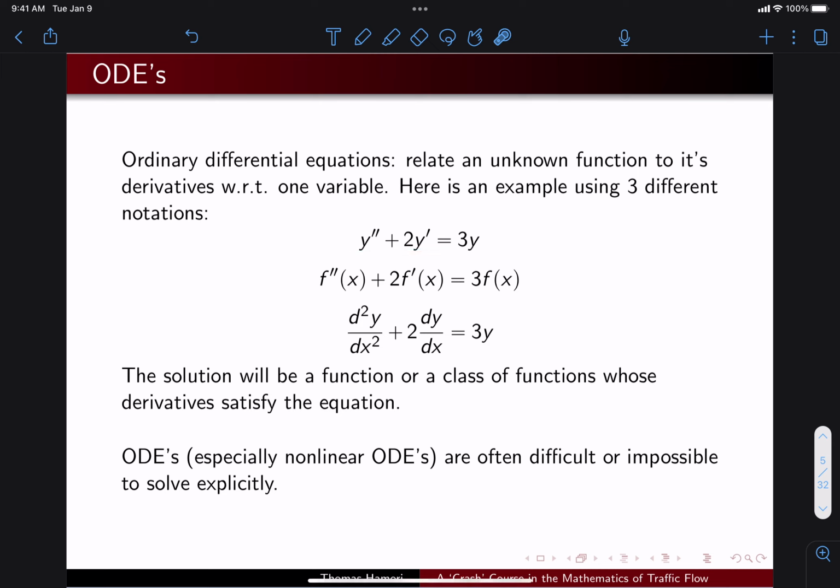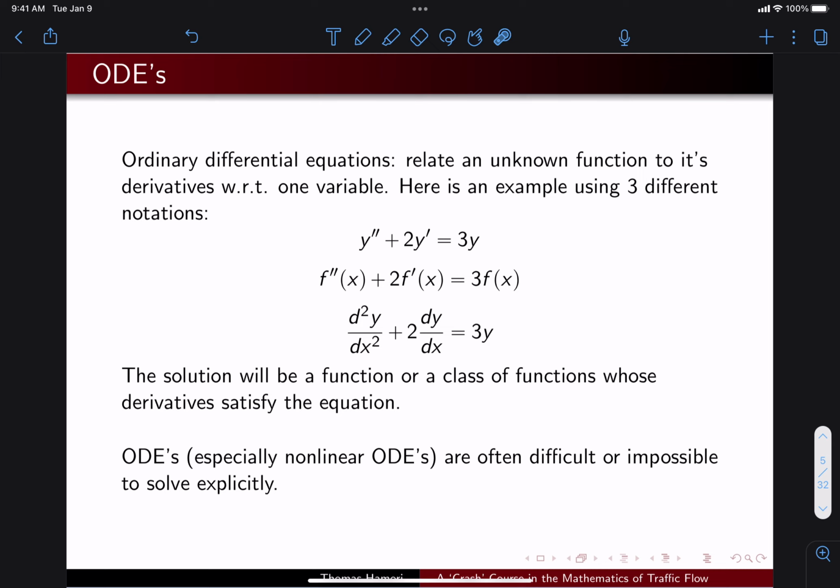I think probably everyone's familiar with seeing notation like what is in the box right now. The first derivative would be f prime, the second derivative would be f double prime of x. So what do we have here? We have an equation relating functions. A solution to an equation like this is not going to be like the solution you might have for a quadratic equation, where you get a certain number.